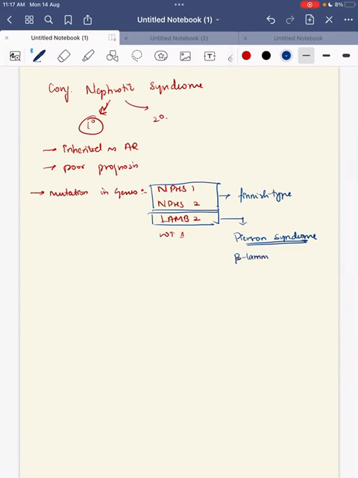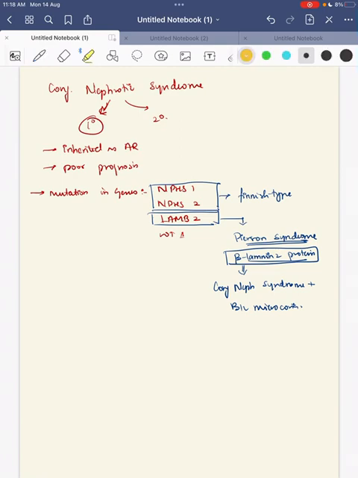This LAMB2 gene encodes for beta-2 laminin protein, which is critical for the basement membrane of the glomerulus and the ocular basement membrane. So the child can present with congenital nephrotic syndrome plus bilateral microcoria. These are the features of Pearson syndrome.